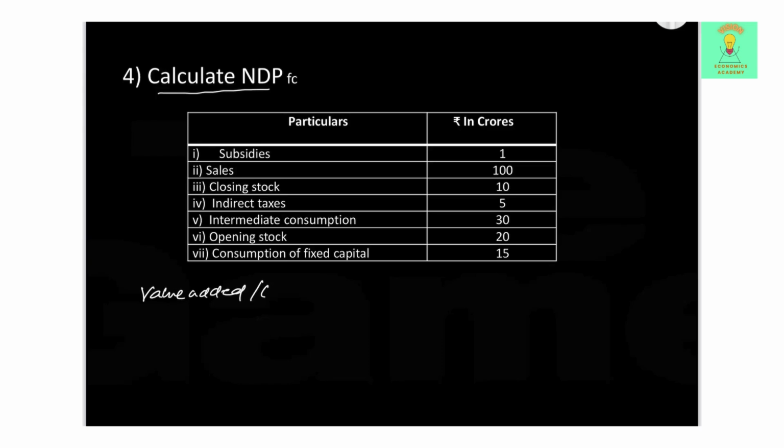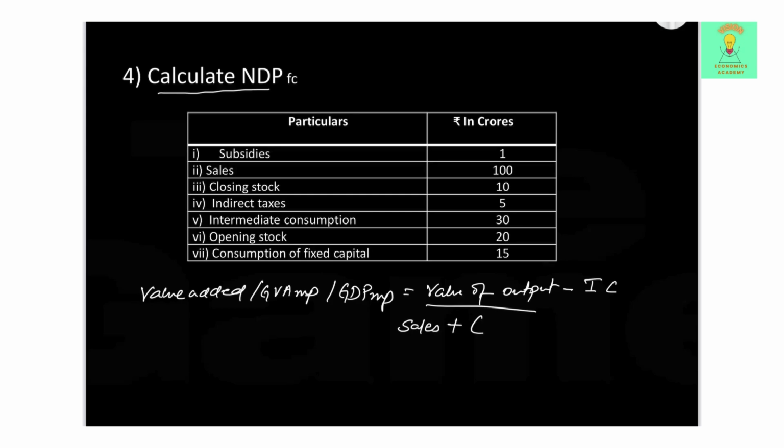Value added or GVAMP or GDPMP is value of output minus intermediate consumption, right? Since value of output is not given directly, it is sales plus change in stock.